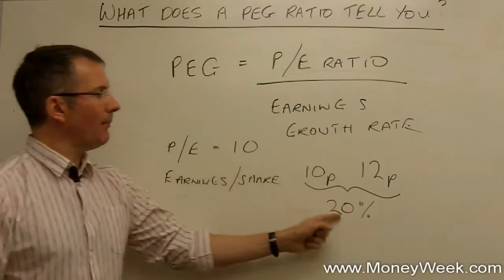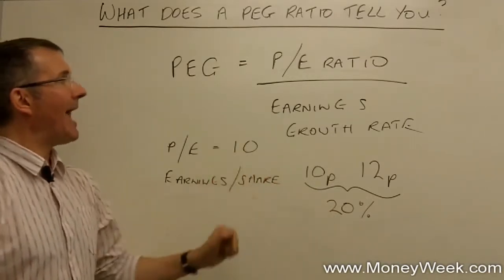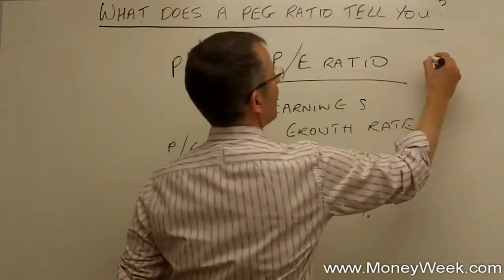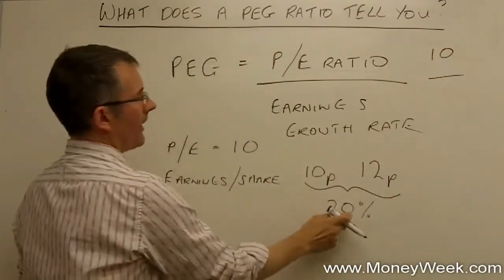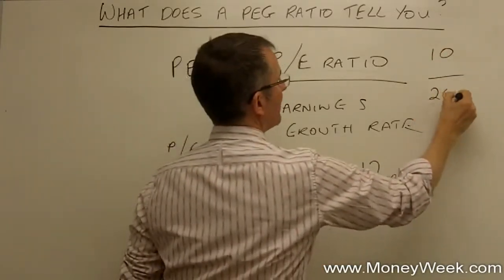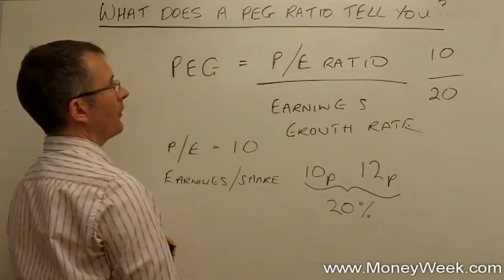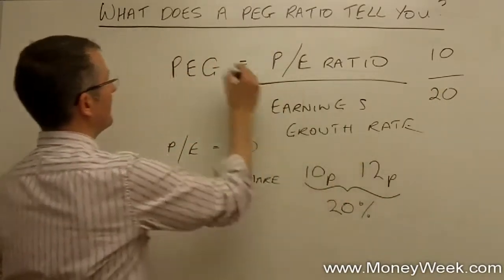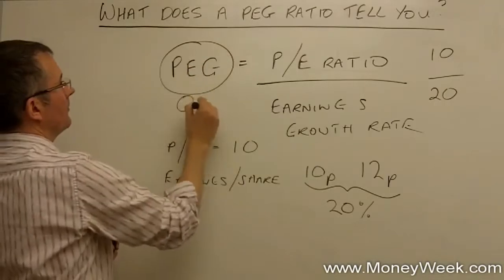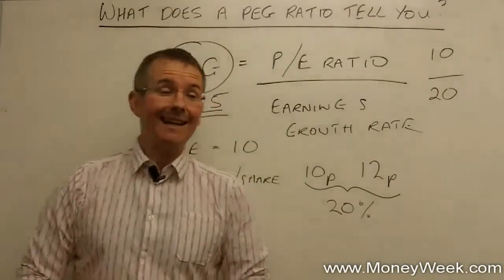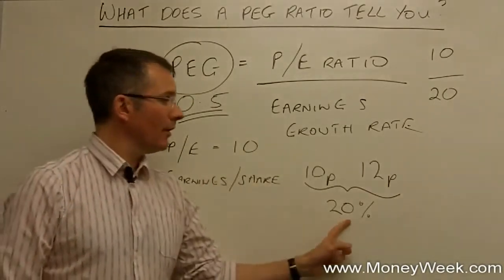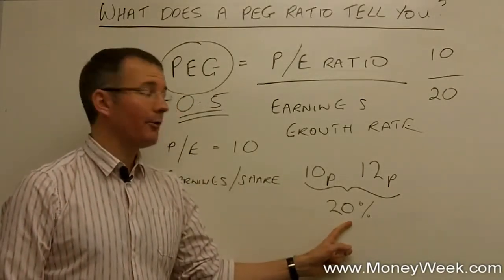And therefore, for this company, with just 2 numbers, the PEG is 10 over that earnings growth rate of 20, and that's 0.5. So mechanically, it's the PE ratio over the expected earnings growth rate.